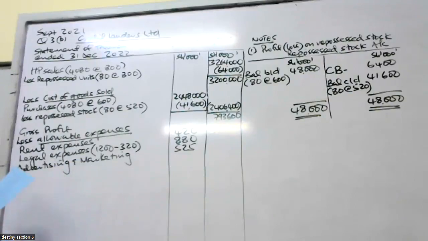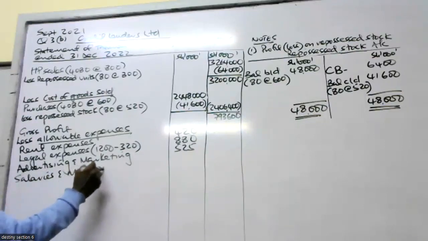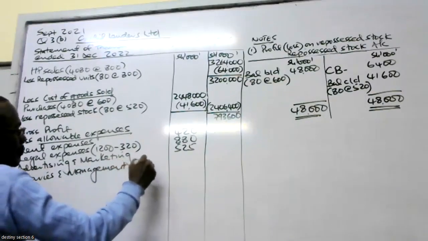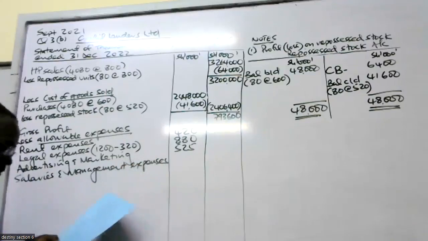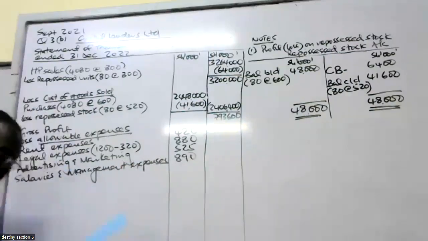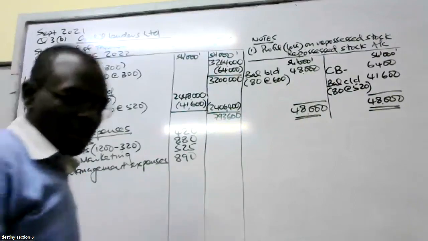Salaries and management expenses is allowable. So salaries and management expenses is 890. Purchase of mobile forklift, we can claim an allowance on that.